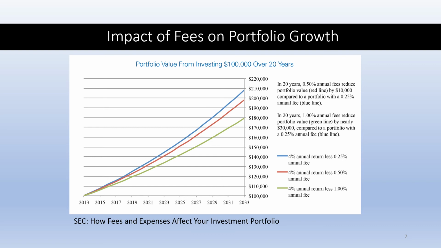And we see here in the next paragraph that in 20 years, 1% versus 0.25, so a 75 basis point delta, results in 30,000. So again, fees add up, and the longer that they accumulate, the worse it gets. It's the negative of compound returns.